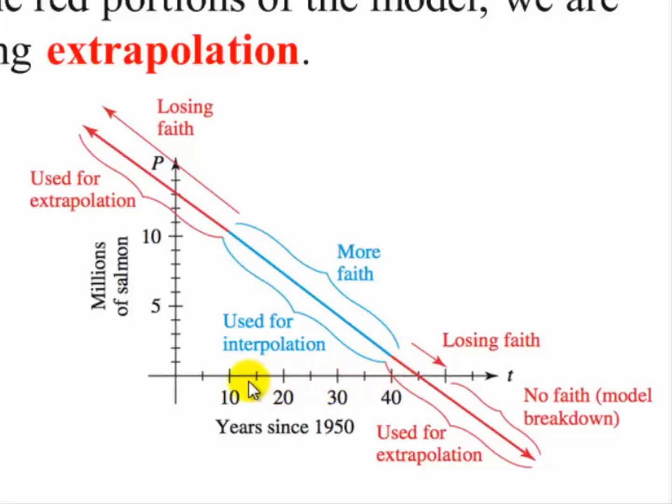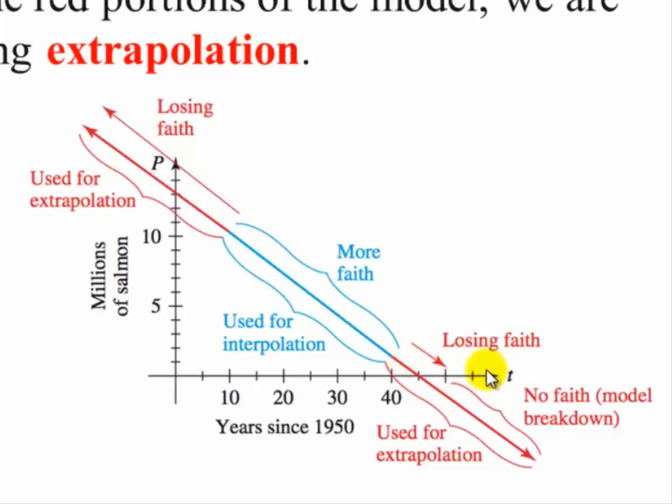When we pick x values within this domain, we are performing interpolation. When we pick x values outside the domain, less than 10 or greater than 40, we are performing extrapolation.